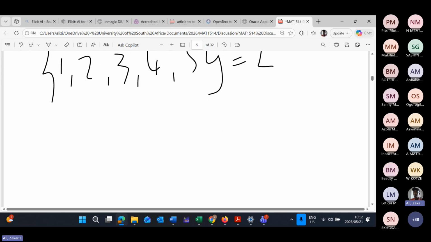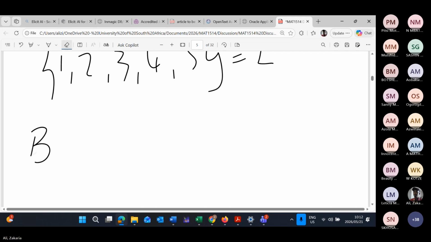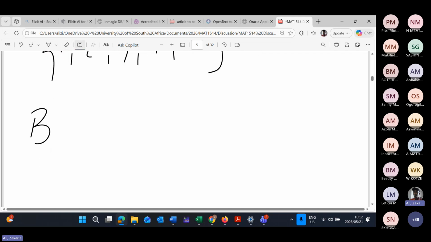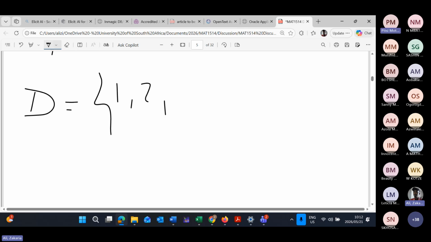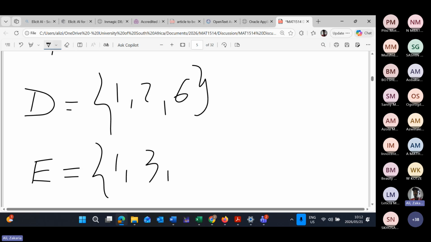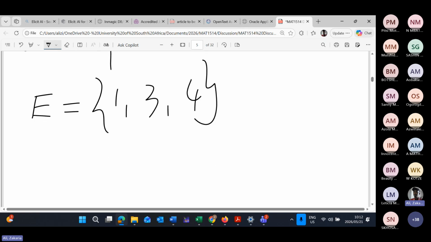Now the question is, if I take different sets, let's say a set D, which is 1, 2, and 6, and then a set E, which is 1, 3, and 4, how is the union going to work?